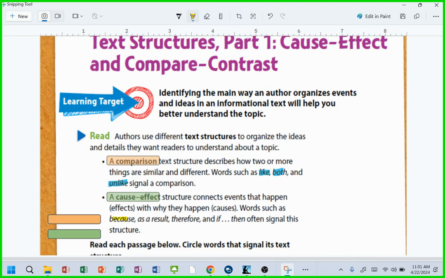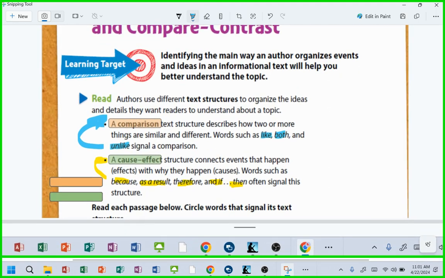Words such as because, as a result, therefore, and if, and then often signal that this is going to be cause and effect. And words like both or unlike would be comparison. There are probably more signal words for comparing and contrasting, and more signal words that would show us cause and effect is about to happen.